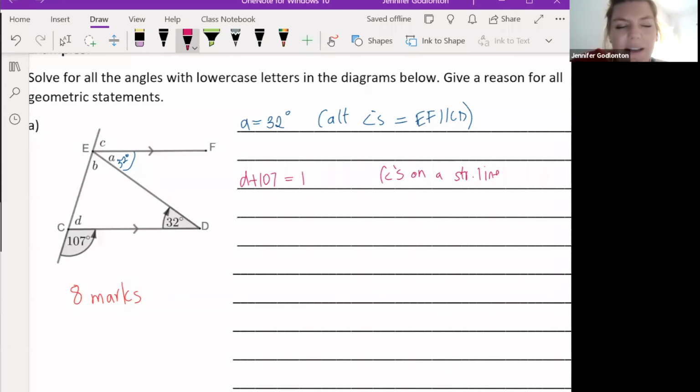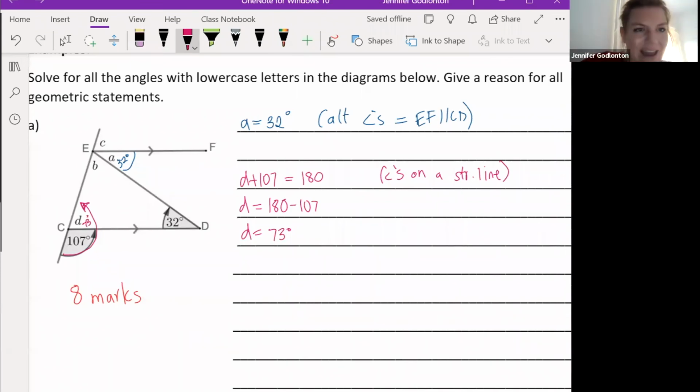What do angles on a straight line equal? Sorry. 180. Yeah. And then you're going to see D is equals to 180 minus 107. Okay, so what is D going to equal? D is going to equal 73 degrees. Good. Okay, 73 degrees for D.